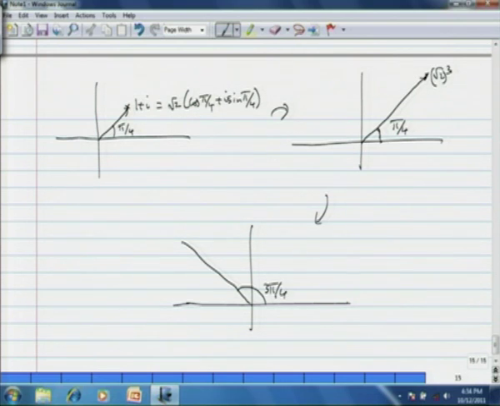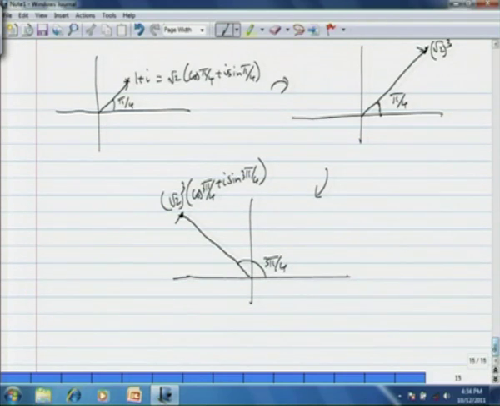So, you rotate this about the origin until you reach this point root 2 cube times cosine 3 pi by 4 plus i sin 3 pi by 4. And so, now this is the image of the point you started off with. So, that is how you can visualize z cube.